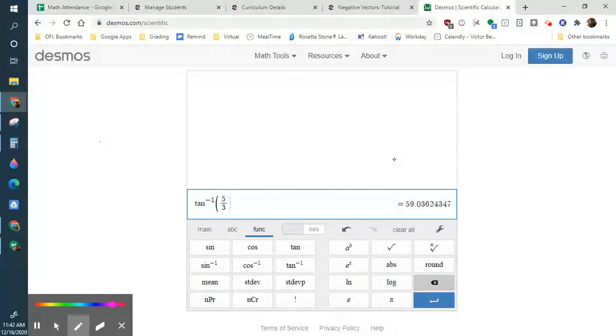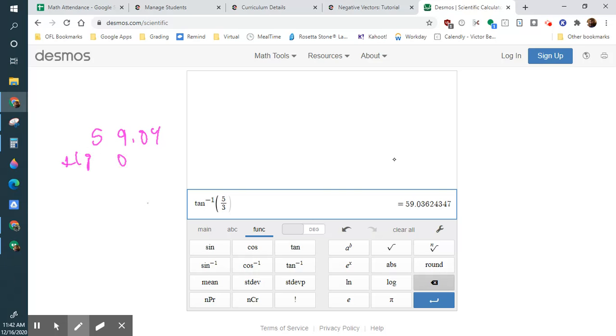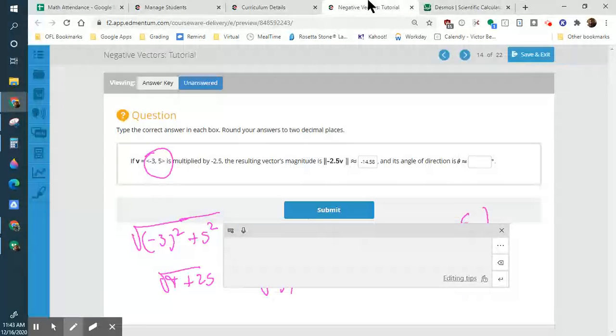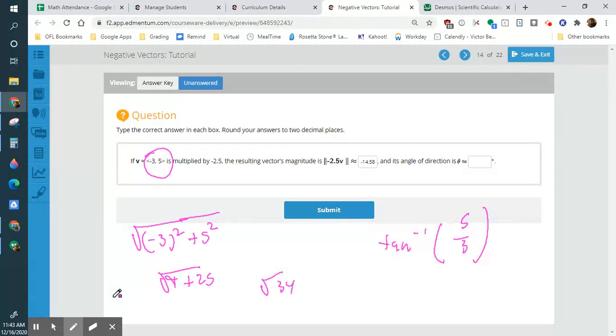Since this angle is in quadrant 1, we can just add 180 degrees to make it the exact opposite location. So that's 249.4.